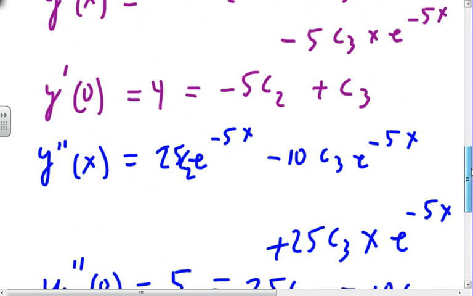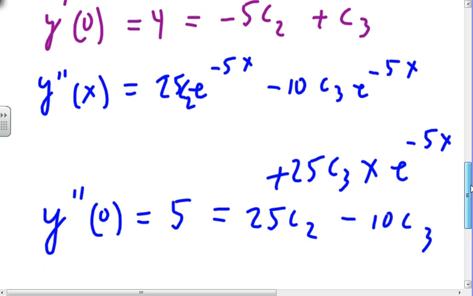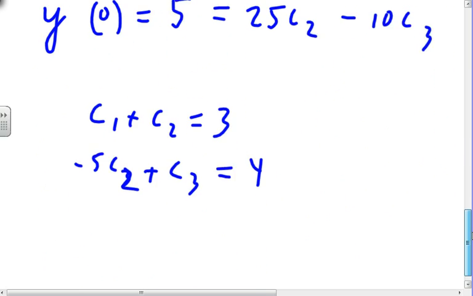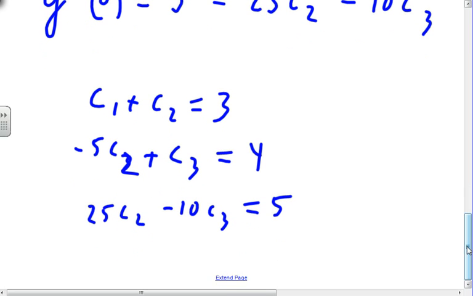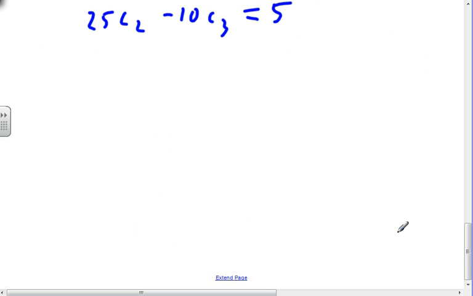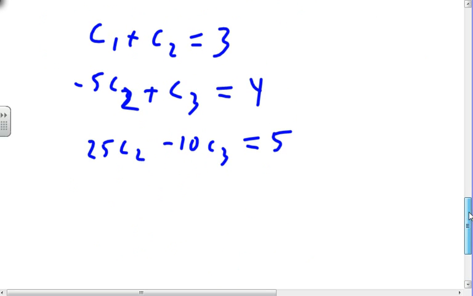And then I know that 25 c2 minus 10 c3 is 5. So those are the things that I know. I'm going to use Cramer's rule on it real quick before I put it in the Excel spreadsheet.